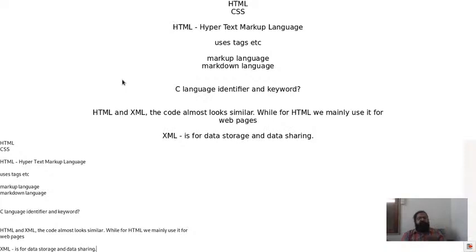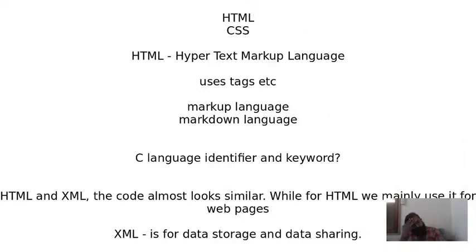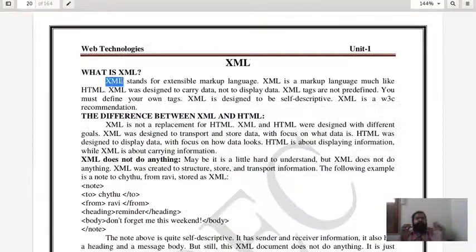So HTML and XML code almost looks similar, but XML is mainly used for data storage or data sharing, while HTML is mainly used for web pages. Now let us take a look at XML.